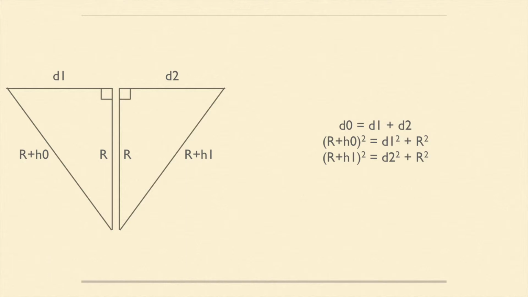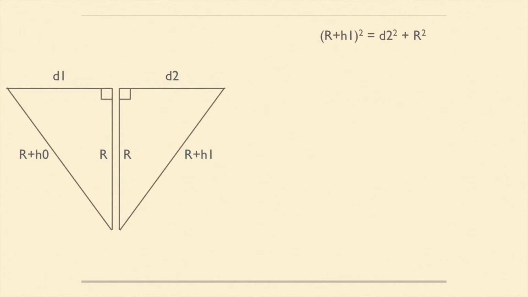We can do this on the second triangle as well. So there the hypotenuse is r plus h1. So r plus h1 squared equals d2 squared plus r squared. So now we have three equations with three unknowns. And that's an easy problem to solve.